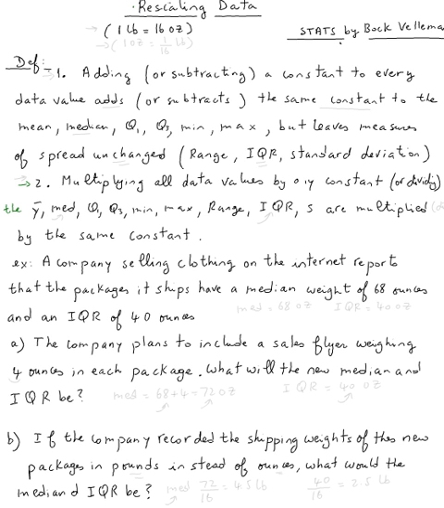So let's do this example. A company selling clothing on the internet reports that the package it ships has a median weight of 68 ounces, and the IQR is 40 ounces.